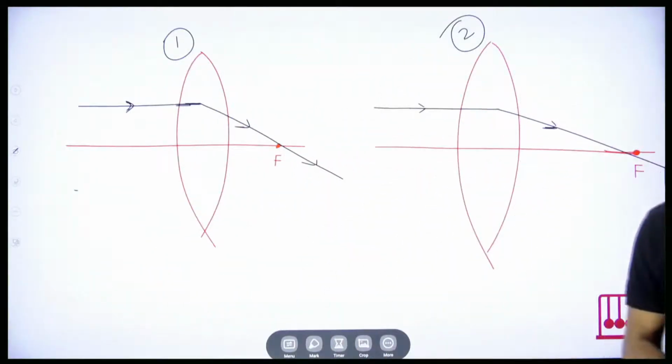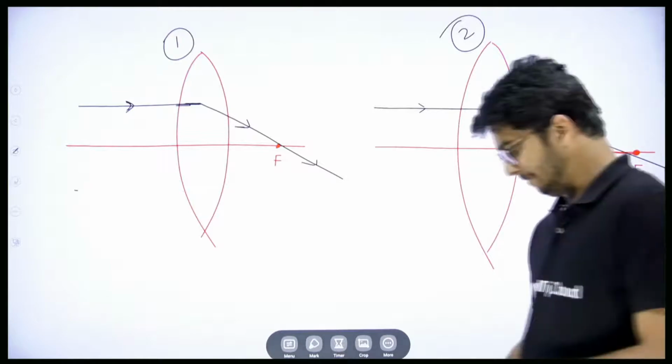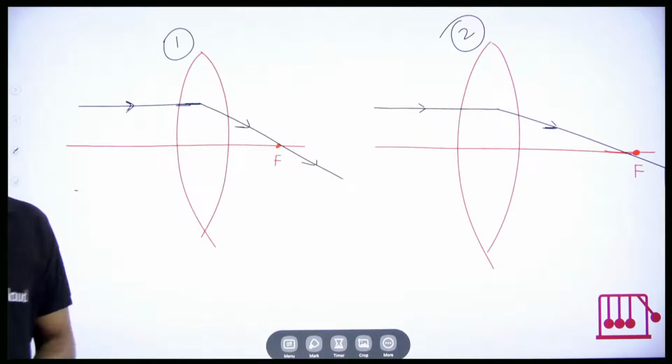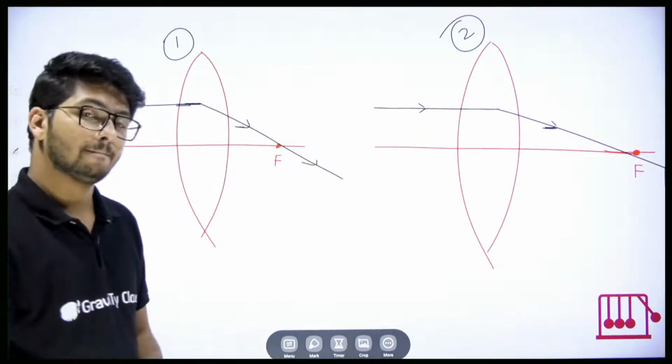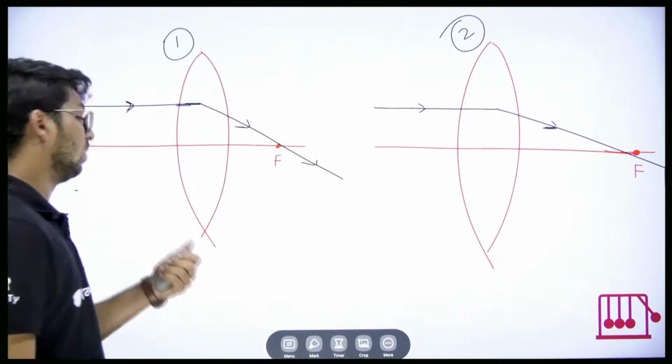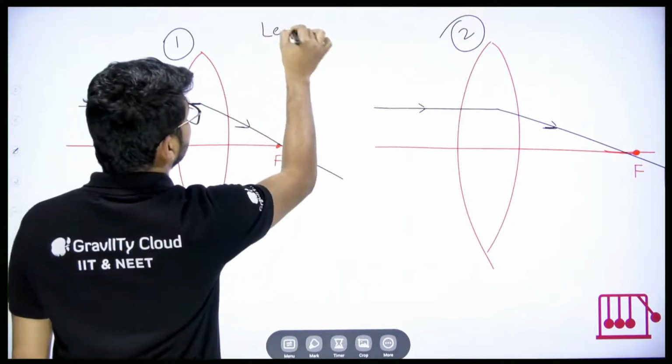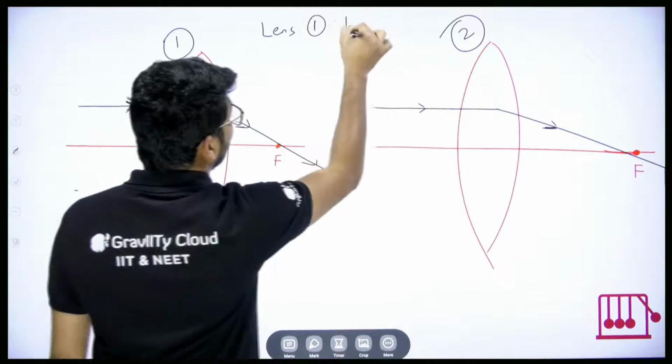One or two? The answer is 1. Lens 1 bends the ray more.